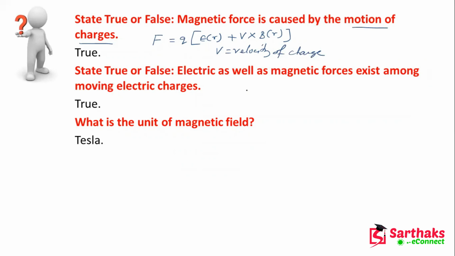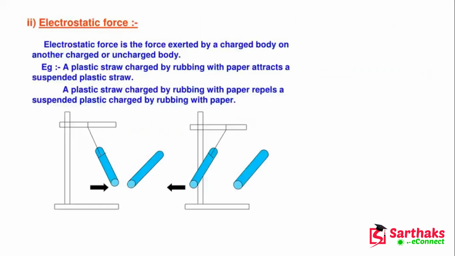What is the unit of magnetic field? Tesla. Please remember this. Now the electrostatic force. This is the force exerted by a charged body on another charged or uncharged body.